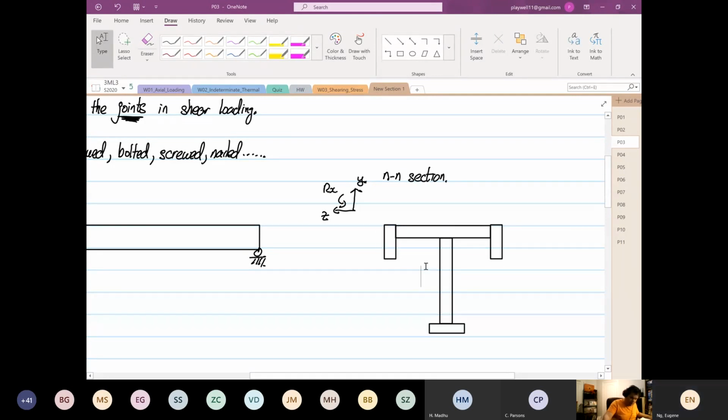So we realize that at this point that I'm drawing now, I want this to be nailed. Over here I want it to be nailed, and not only that, over here I also want it to be glued.